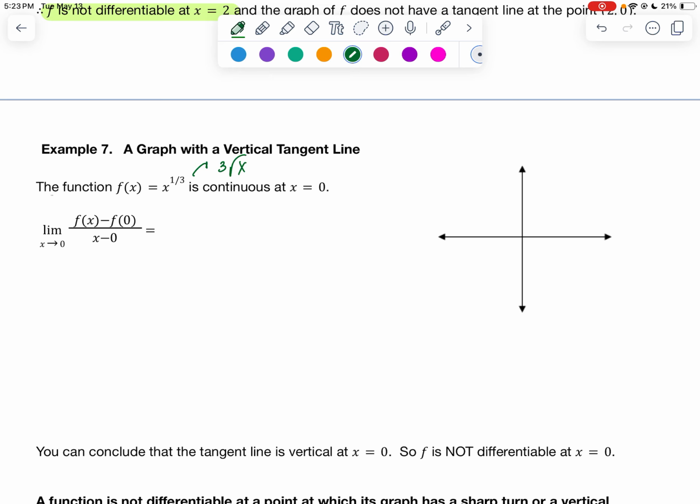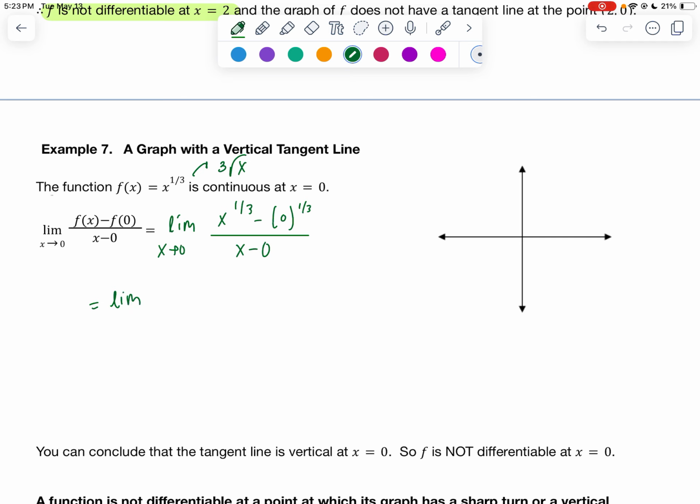So I'm just going to start. There's the limit as x is approaching 0, right? I have f of x, which I know is x to the 1/3, minus f of 0. So I'm going to plug in 0 for x, all over x minus 0.